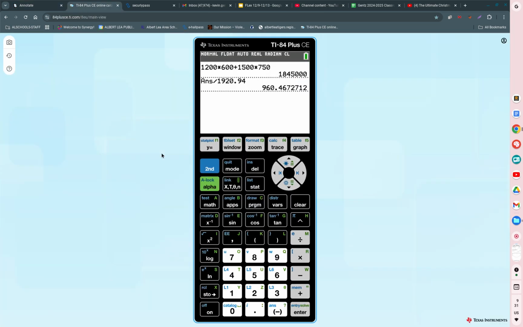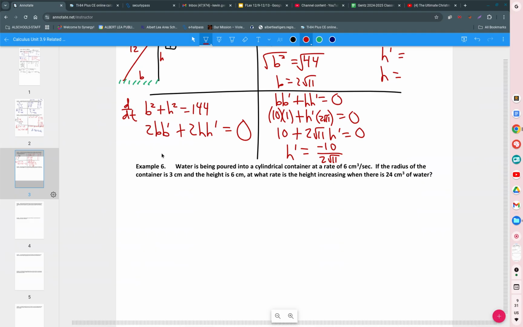As I type it in, I also want to show you that you have to be careful, because we're going to take negative 10 divided by parentheses 2 roots of 11. Negative 1.507. So negative 1.5, and we are going feet per second. Not too bad.